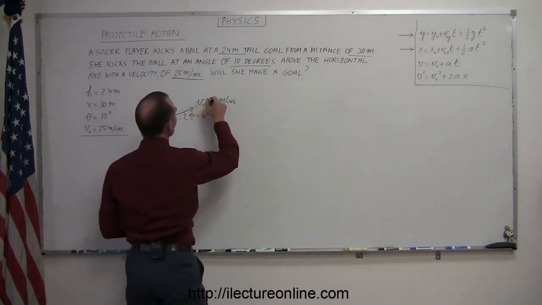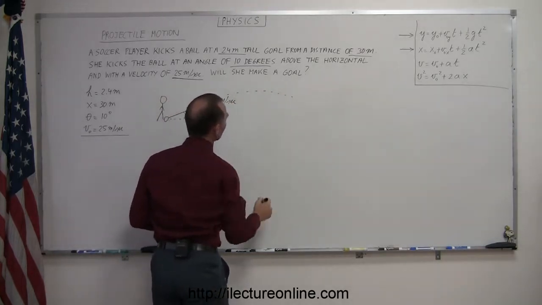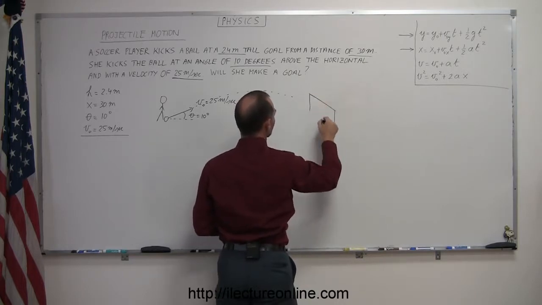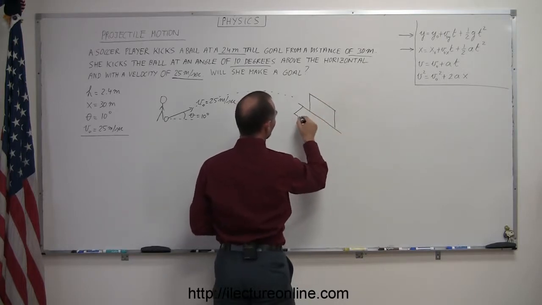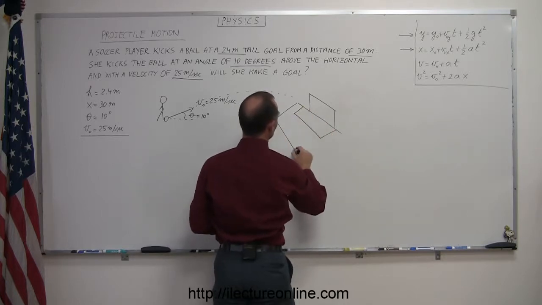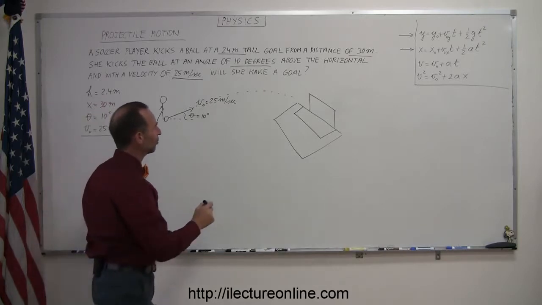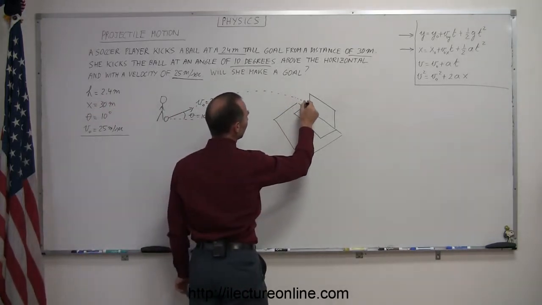The ball will travel like this towards the goal, and let's say here's the goal. Here's the goal box and the penalty box. All right, so I suppose the question is, will the ball go into the goal?